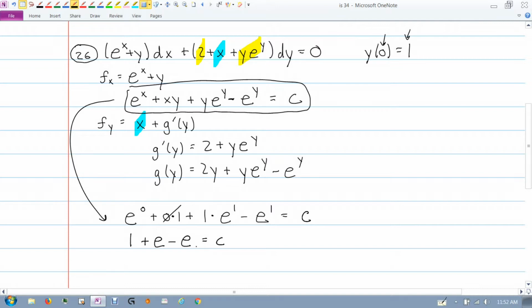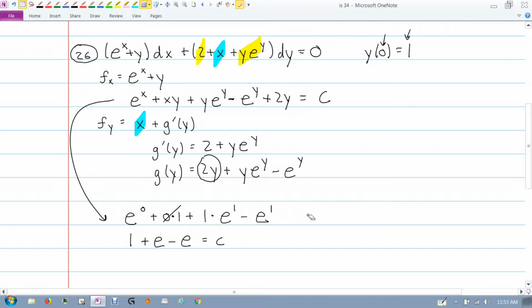Missing a 2y. Oh, there it was. Okay, that's right. Oops, I needed to put that up here. Plus 2y equals c. So when I plugged in here, I'm missing in here plus 2 equals c. So we should have a plus 2 here equals c, and then the e's cancel and you just get 3 for c.